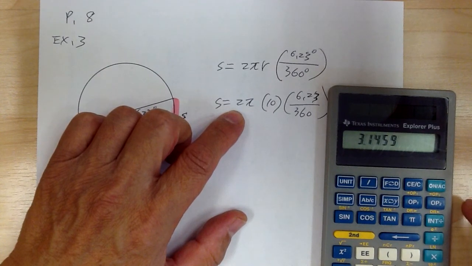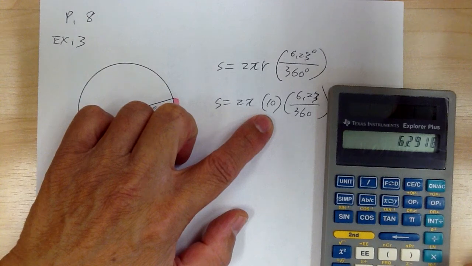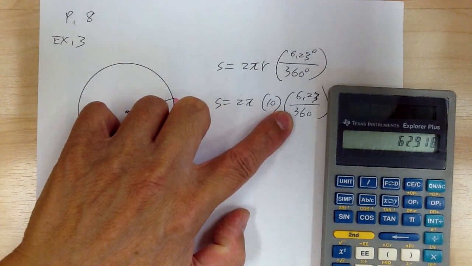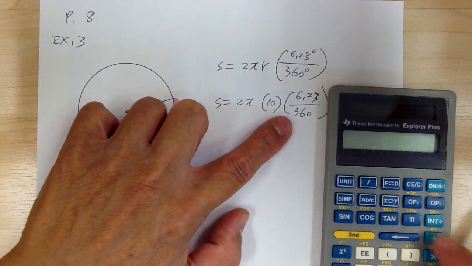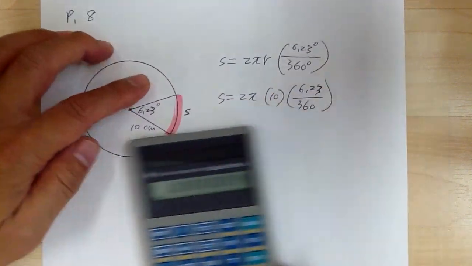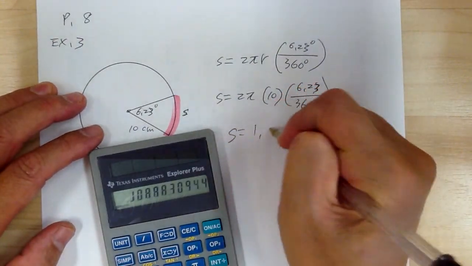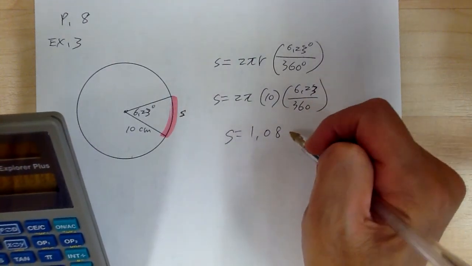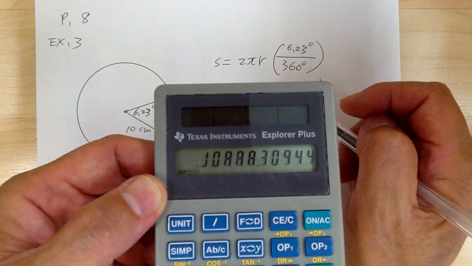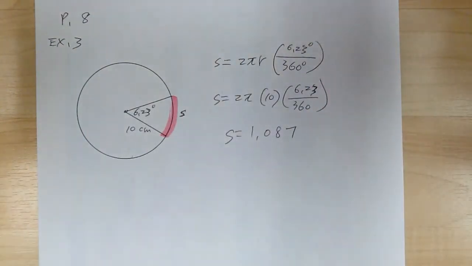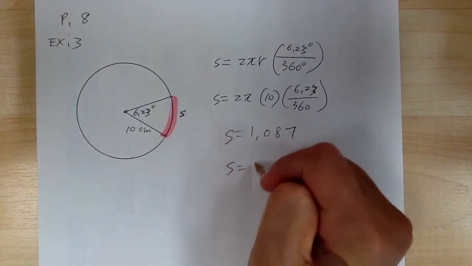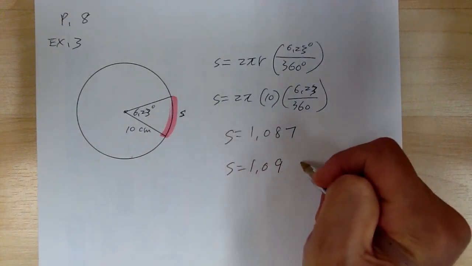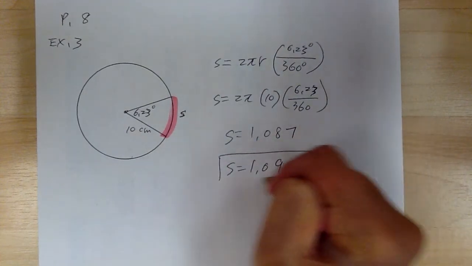Times 10 times 6.23 divided by 360, push equal. You get 1.08 something. But you have to pay close attention to instructions. It says compute the answer to 2 decimal places, so you have to round it up. It'd be 1.09, and don't forget the label. Then you box your answer, and that's it.